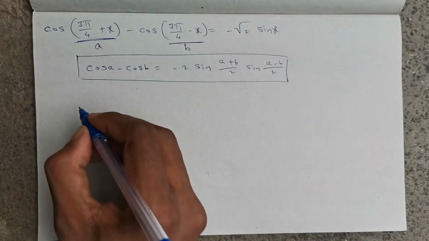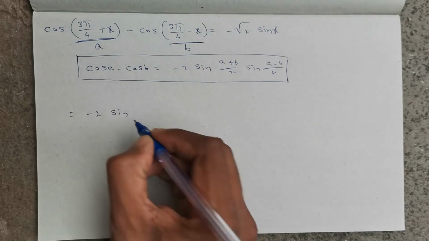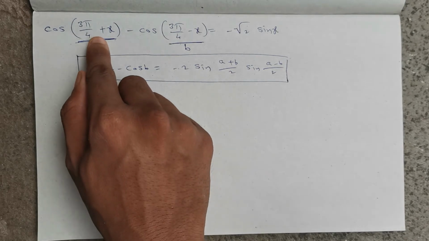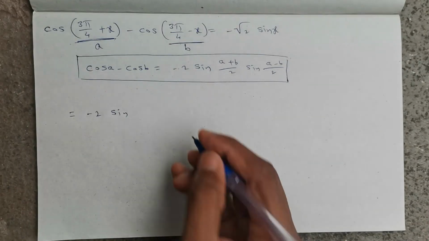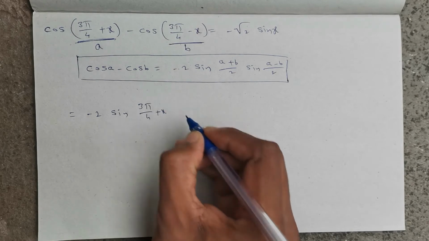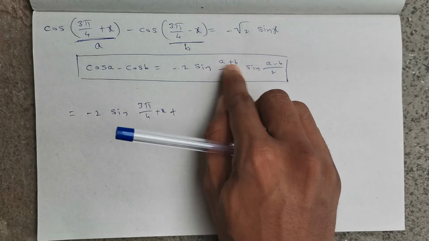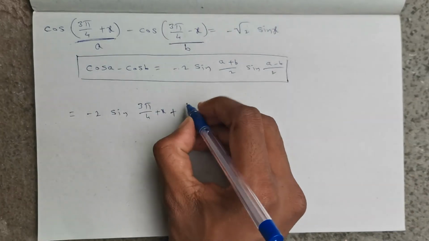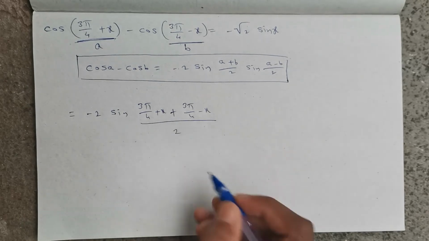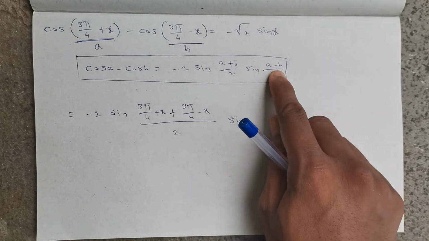So let us solve now. Equals minus 2 into sin into, in the place of A, 3 pi by 4 plus x, plus in the place of B, 3 pi by 4 minus x, divided by 2, into sin of A minus B by 2.